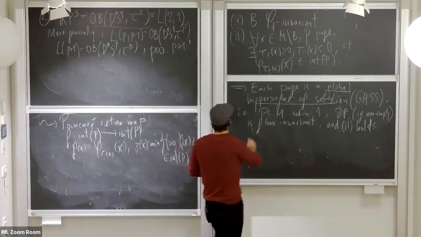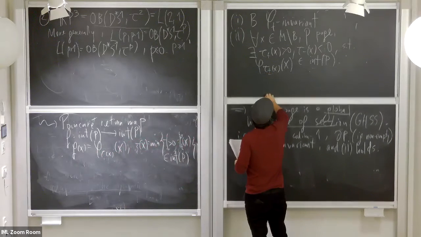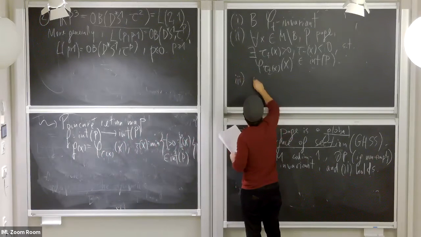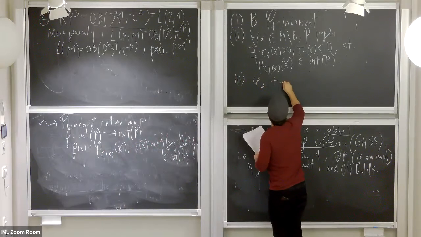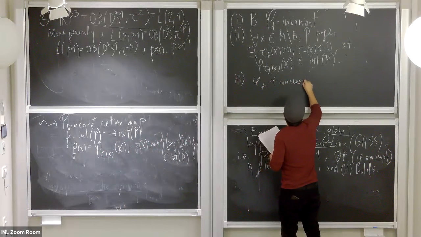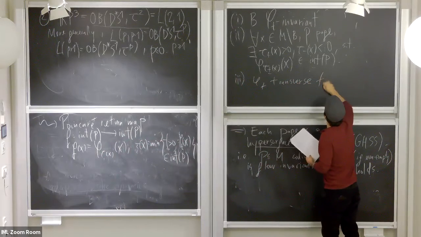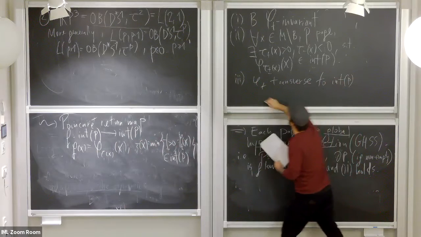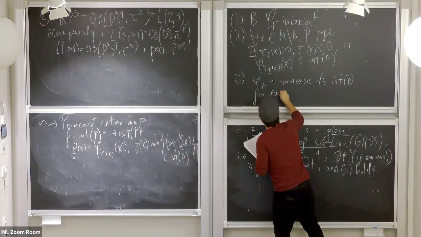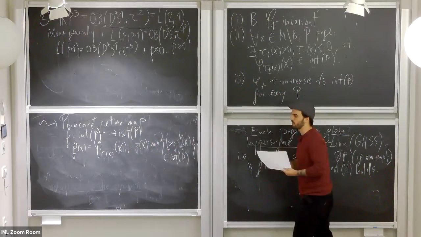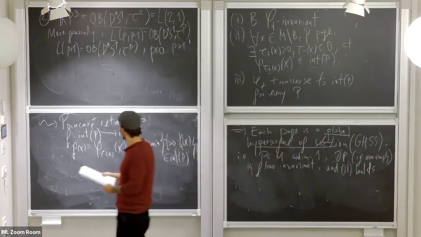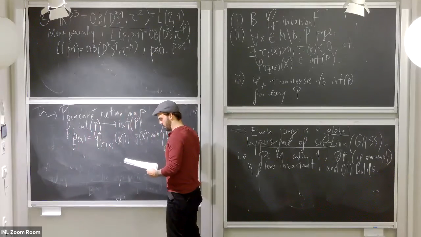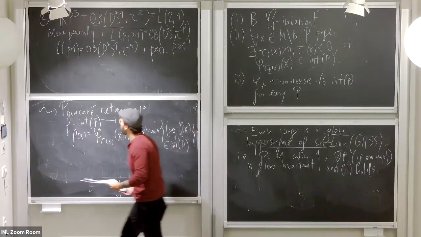So the third condition is that phi t is transverse to the interior of P for every page P. Thanks.